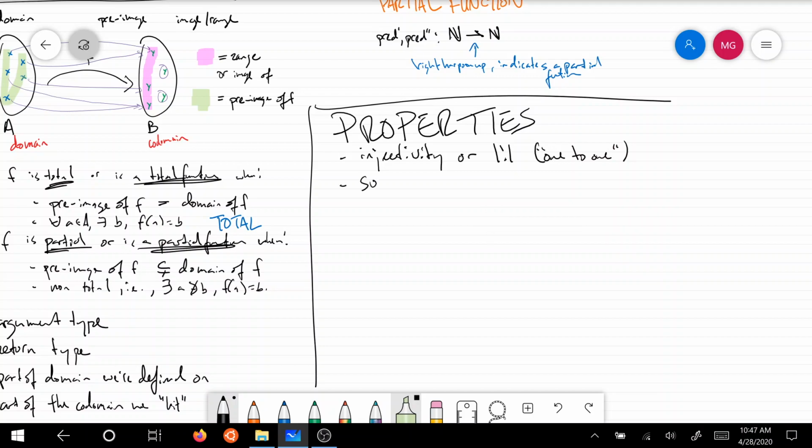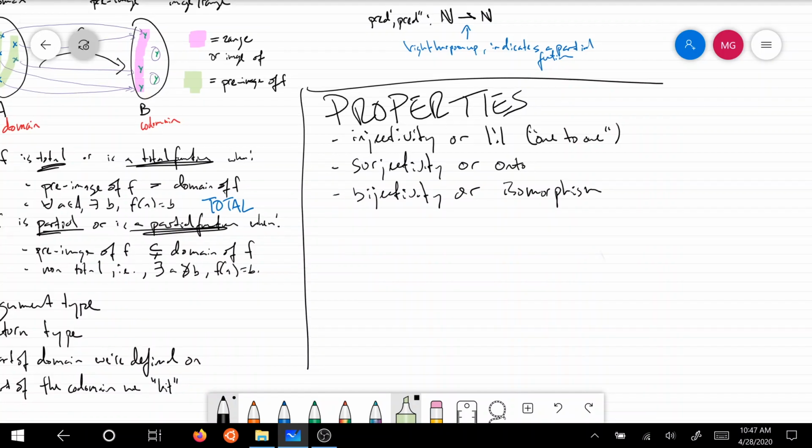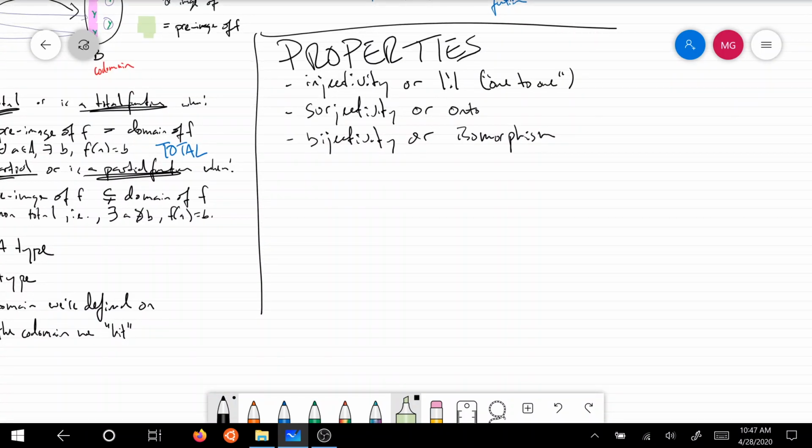The next is called surjectivity, or onto. It's hard to read, sorry. And then the last is called bijectivity, or isomorphism. Okay, I'm going to define each of these in turn, and we'll go back and look at the example functions we've talked about and see which of them satisfy these properties. Okay, let's take a look.